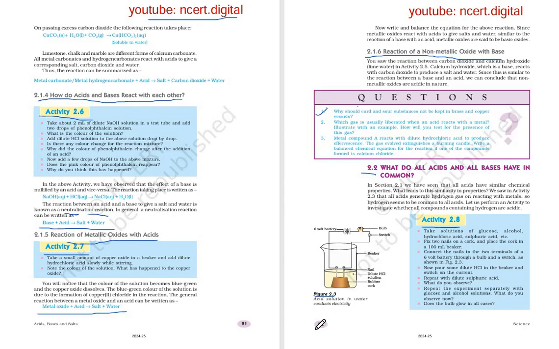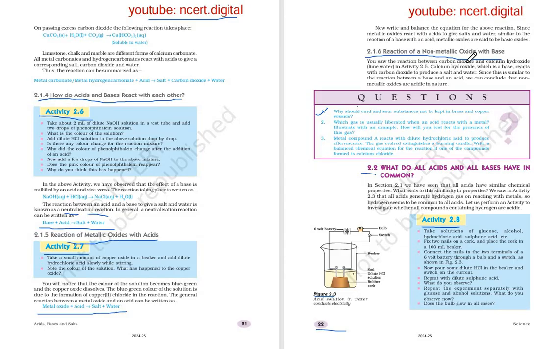Class 10 Science. Now write and balance the equation for the above reaction. Since metallic oxides react with acids to give salts and water, similar to the reaction of a base with an acid, metallic oxides are said to be basic oxides. 2.1.6 Reaction of a non-metallic oxide with base.